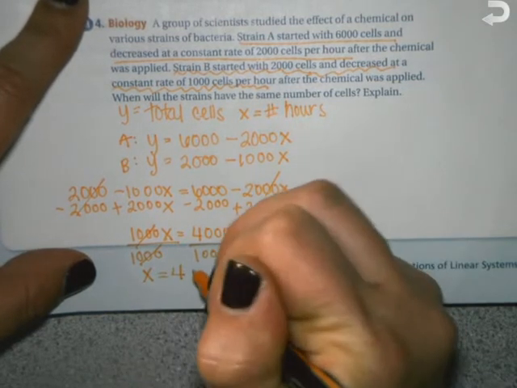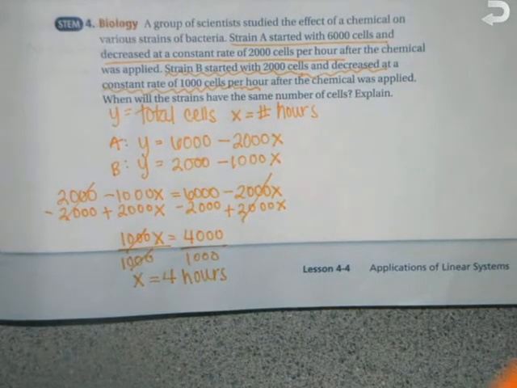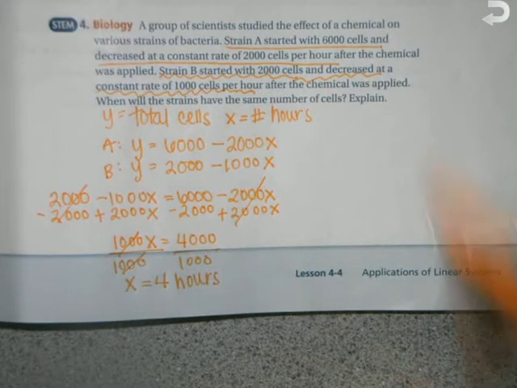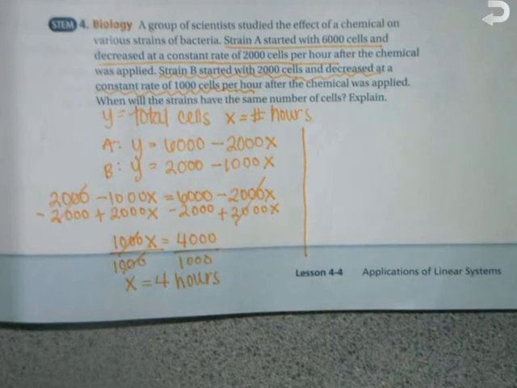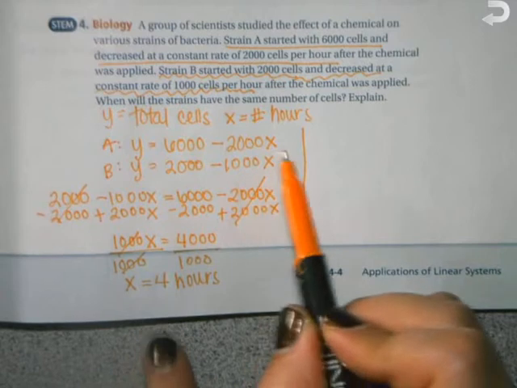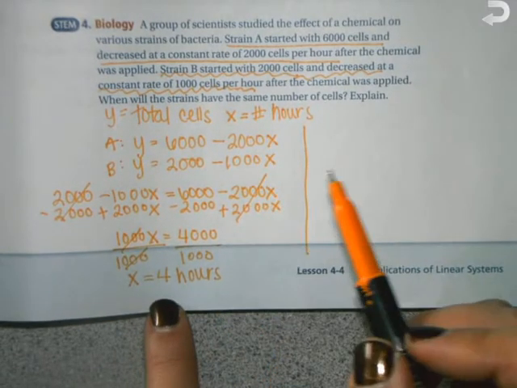4 what? Hours. Now, with word problems, though, we need to double check that this answer makes sense. Does 4 hours seem like it makes sense right now? How many cells will we have after 4 hours? So let's plug this back in just to double check. Where are we going to plug this in? A?